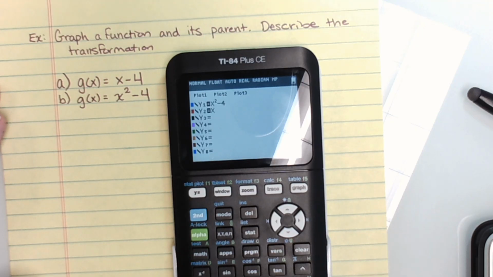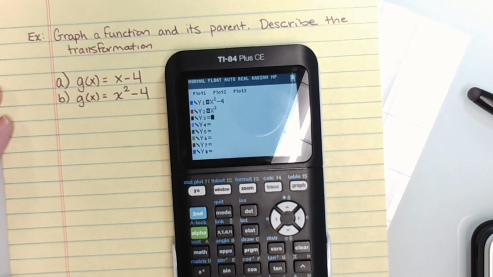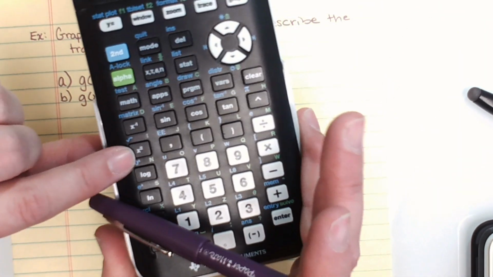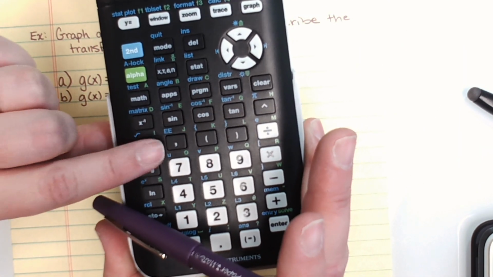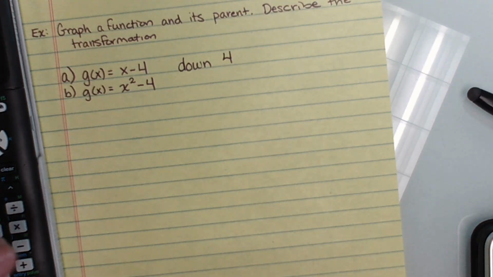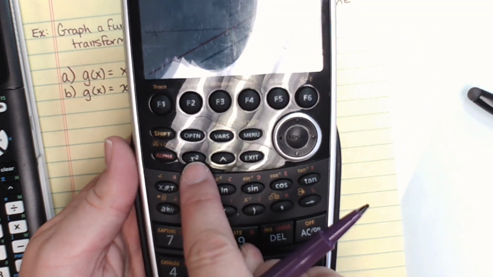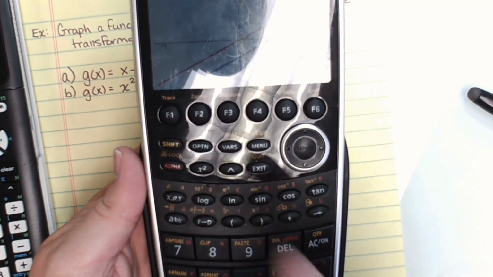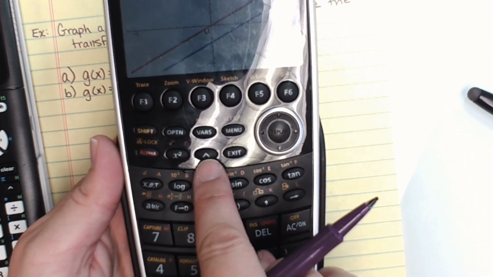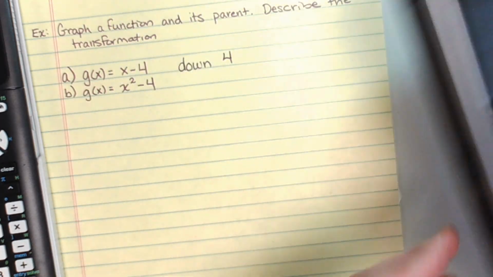And the parent function is now going to be x squared as well. There's the x squared right here, which just puts a squared on whatever you've got. On the Casios, it's right here. You also could always use the up arrow and 2 to put a power of 2.